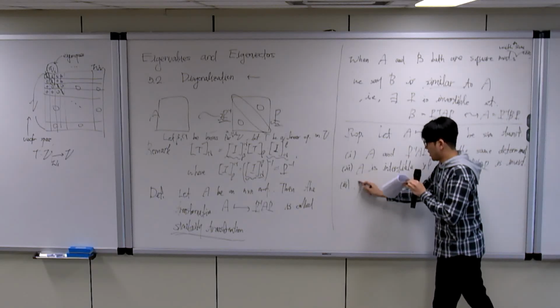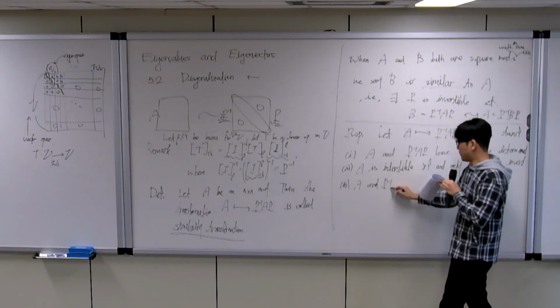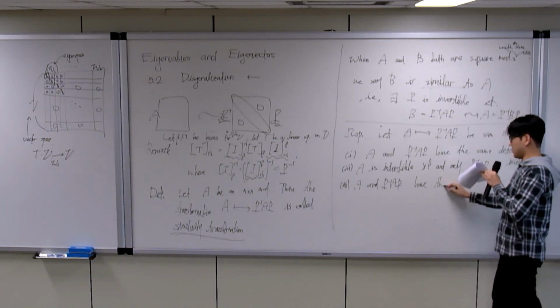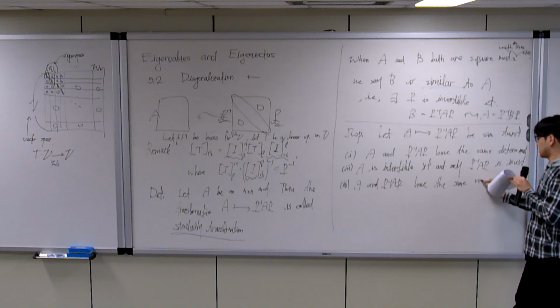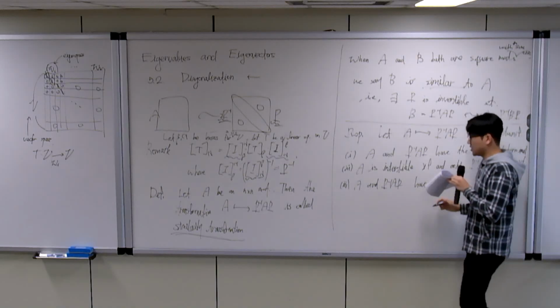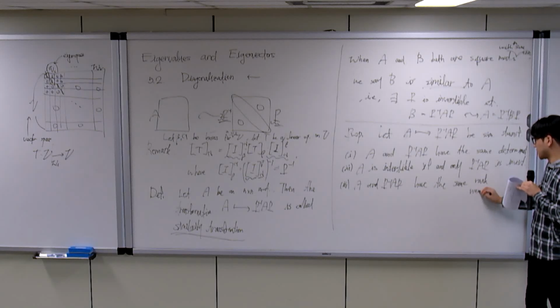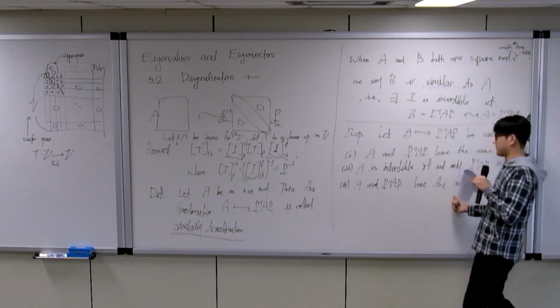So actually, by proving the sixth property, that A and P inverse AP have the same characteristic polynomial, you can get another one, but I will prove the proposition 1 and having a trace and 6.